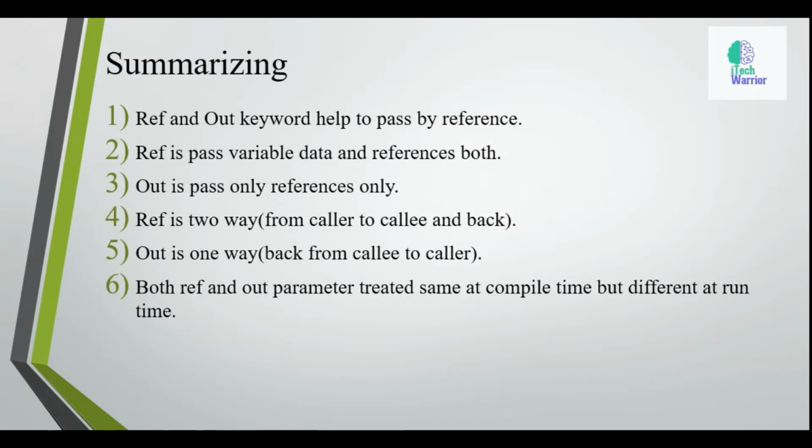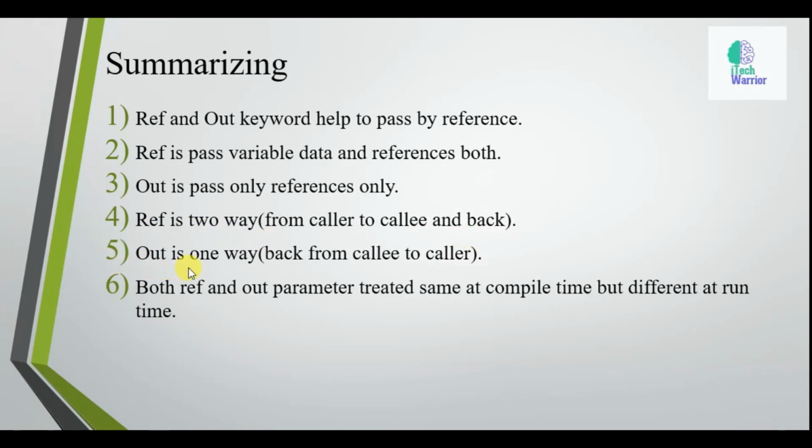Here I summarize both keywords point-wise. The first point is that the ref and out keywords help to pass by reference. Second, ref passes variable data and reference both, while out passes only the reference. Fourth, ref is two-way from caller to callee and back.